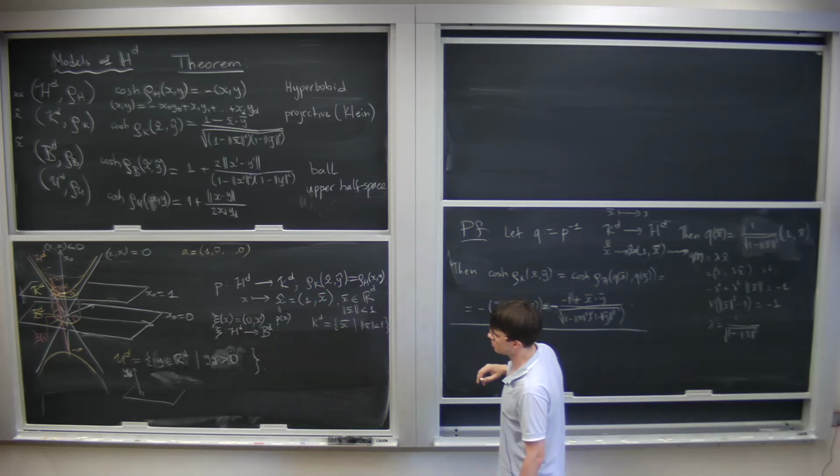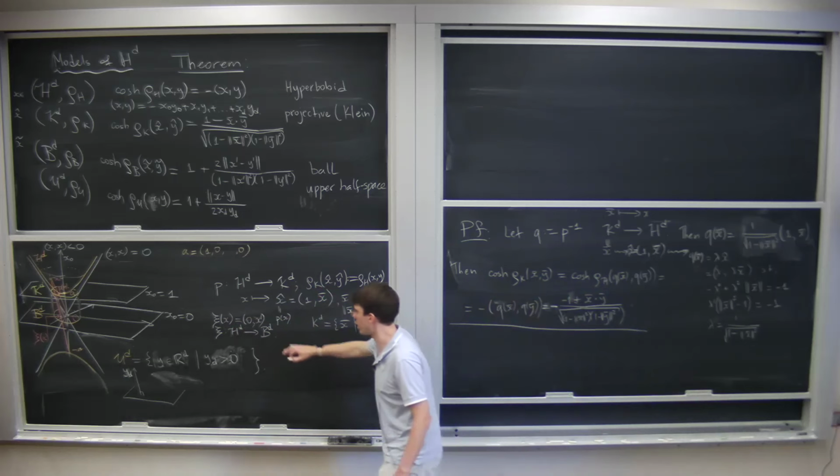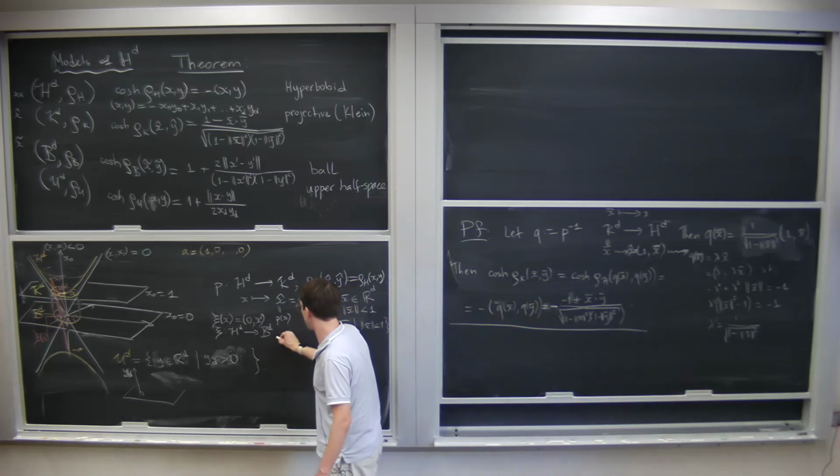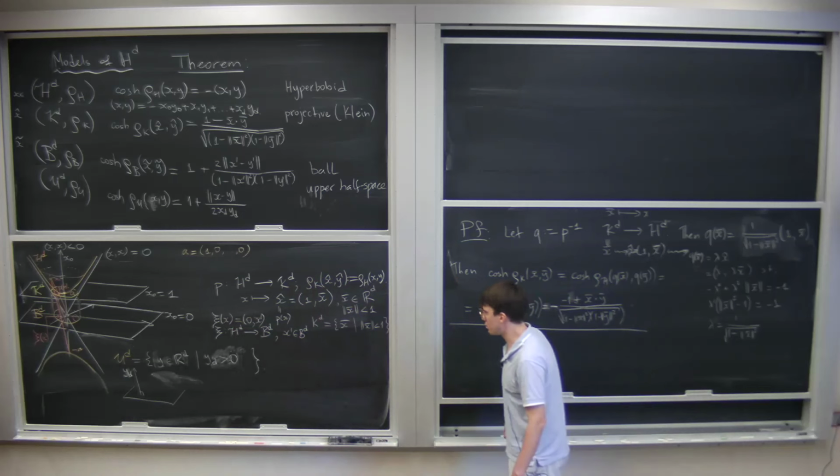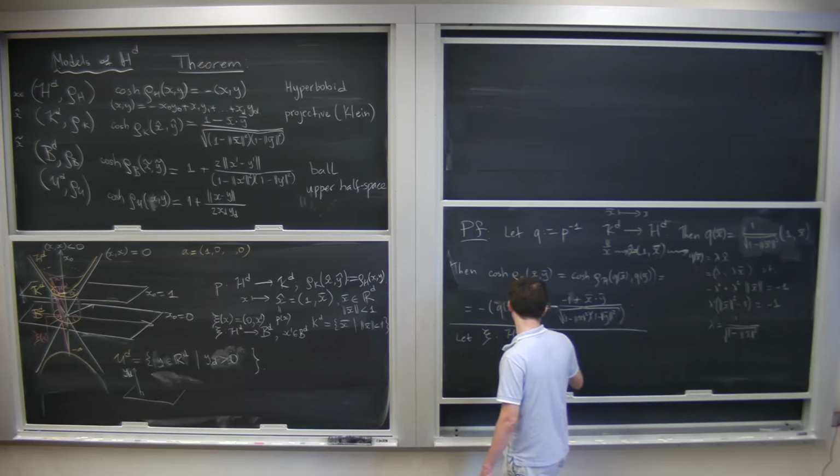So xi of x is like 0, x prime, where x prime is the point from BD. Let xi be from HD to BD.